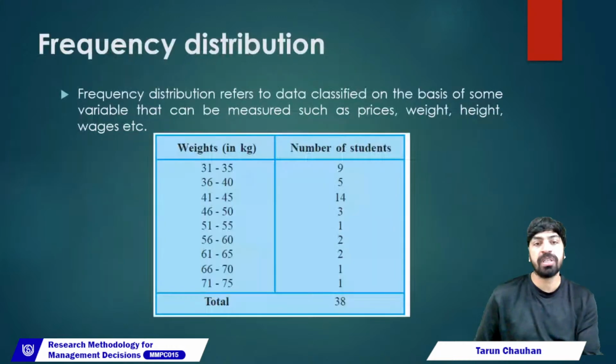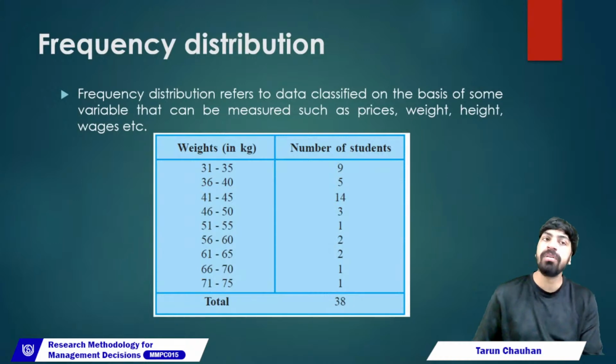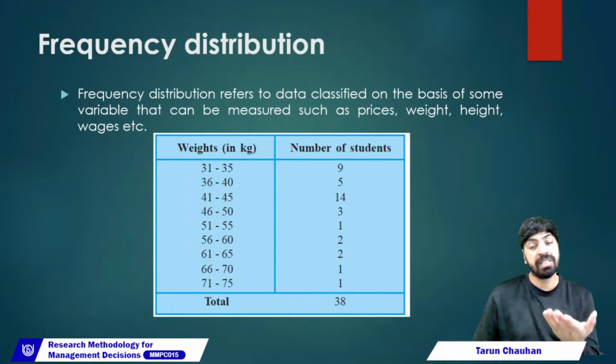Frequency distribution refers to data classified on the basis of some variable that can be measured. That is, it refers to a data set which can be measured and is based on some variables, like prices, weight, height and wages.